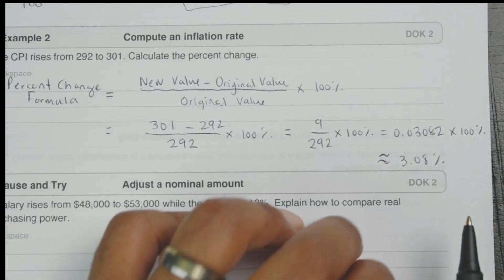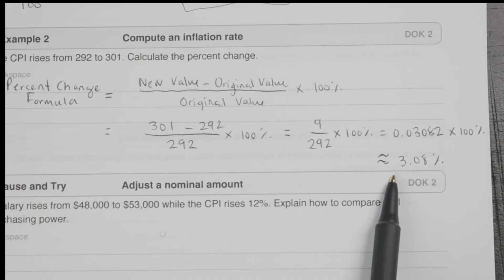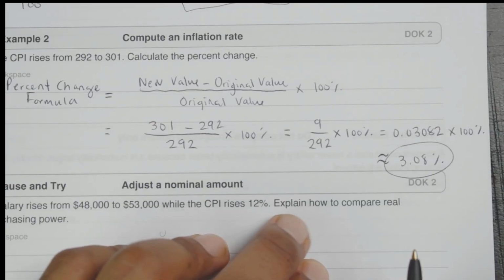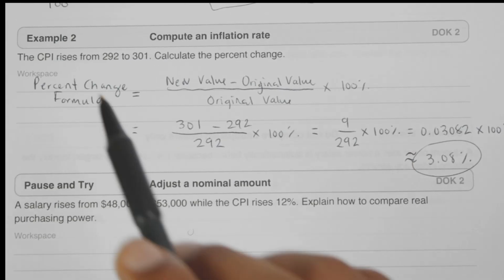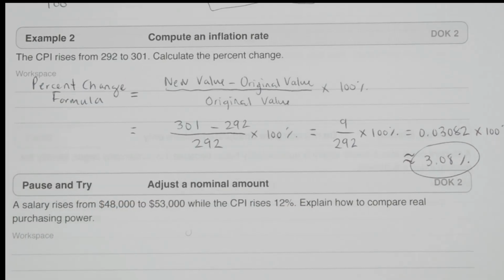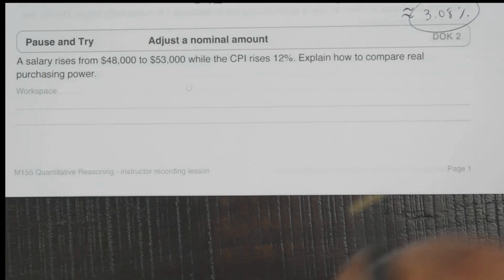Therefore, the CPI increase was approximately 3.08%. That means that consumer prices represented by this particular index increased by 3.08% over that period of time. You can pause and try this one.